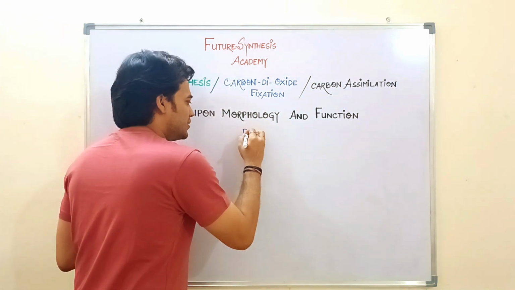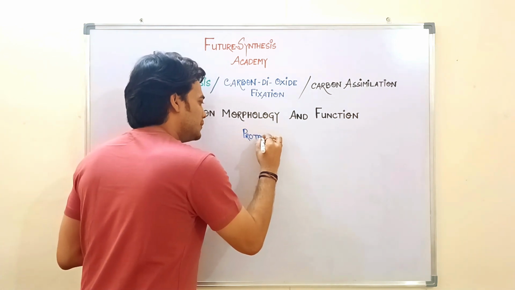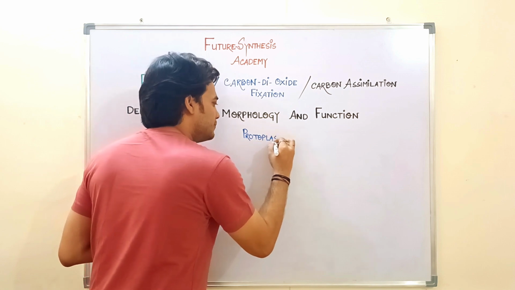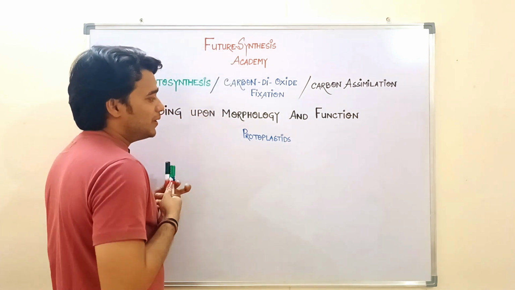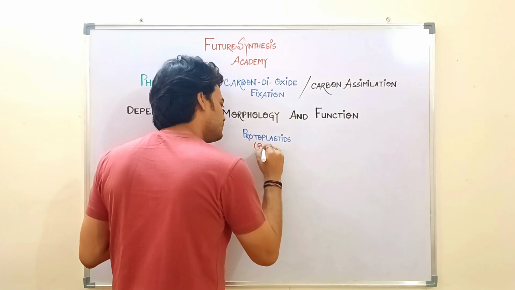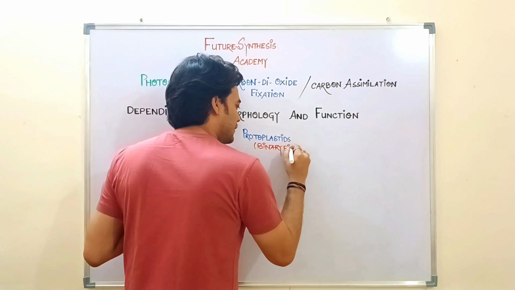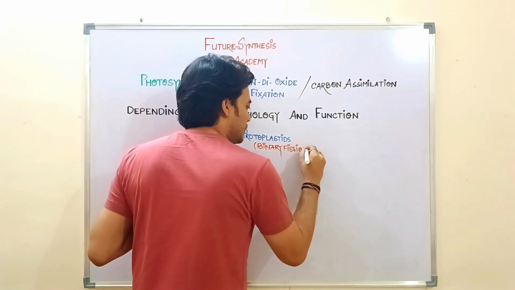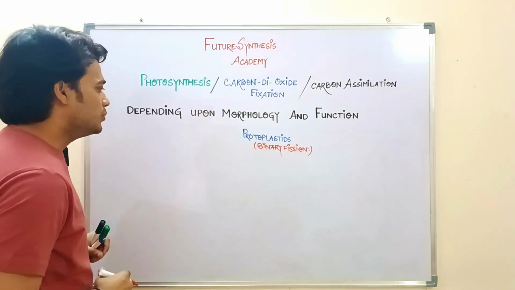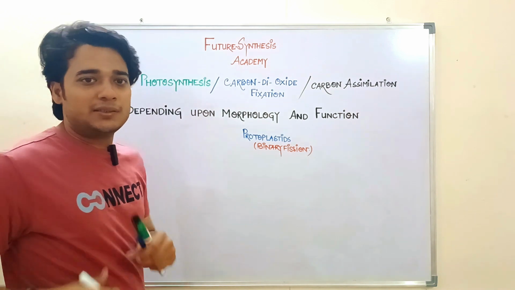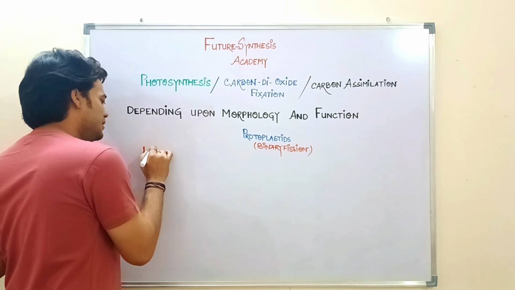Now plastid came into existence from protoplastid. Protoplastid divides by binary fission. Now when they divide by the process of binary fission, जब इस तरीके से वो डिवाइड करते हैं तो वो कुछ भिन्न भिन्न प्रकार के प्लास्टिडों में डिवाइड हो जाते हैं. जैसे कि पहला है, one is etioplast.